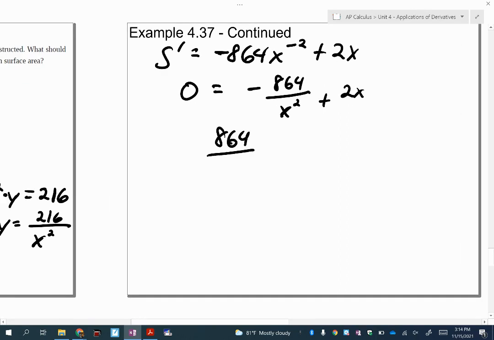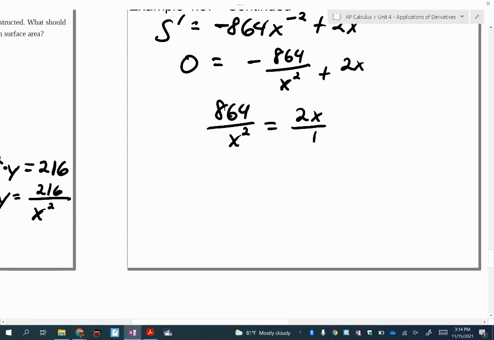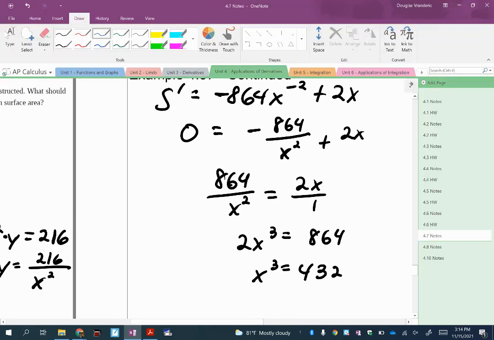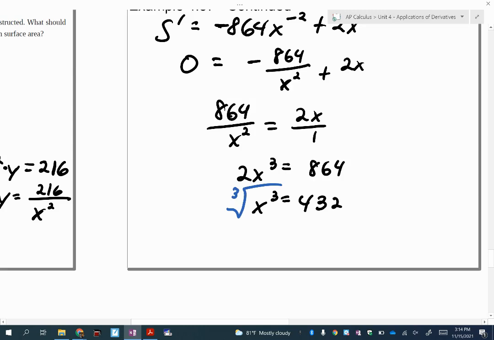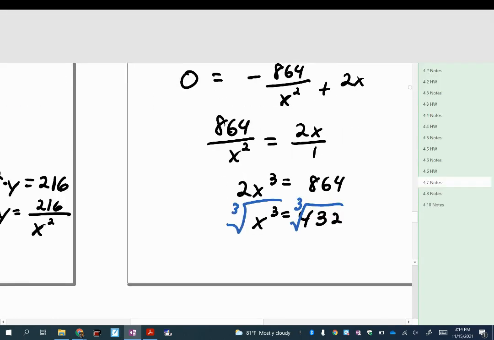If I move the 864 over X squared to the other side, I get 2X over 1, a proportion. I get 2X cubed equals 864, or X cubed equals 864 divided by 2, which is 432. To find X, I take the cube root of both sides.